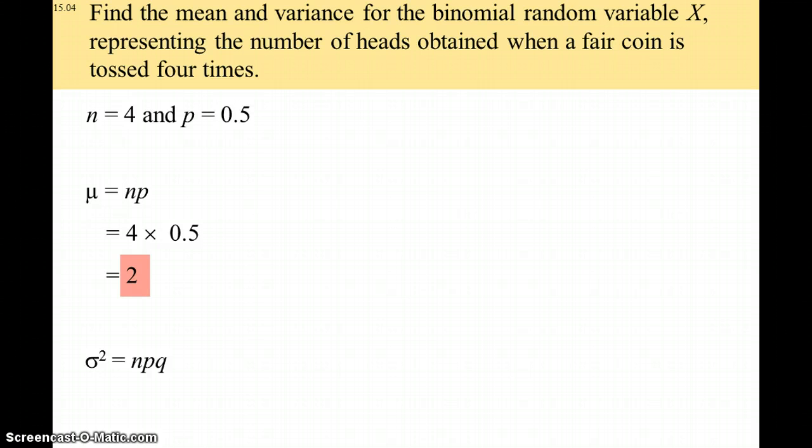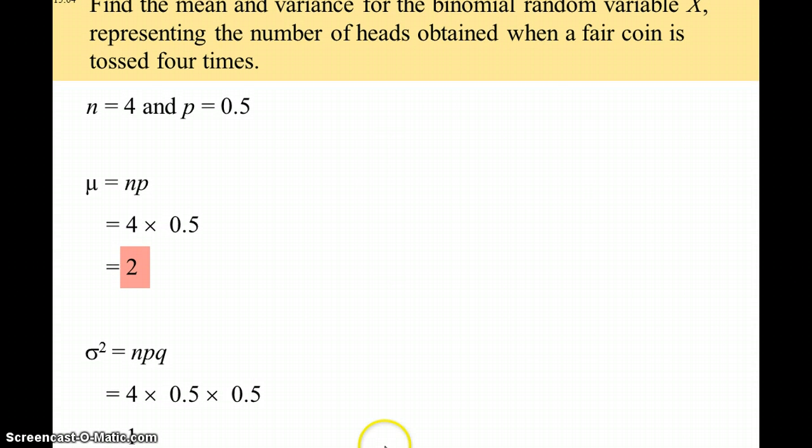How about I use a P there? Because then P is the probability, and Q is just 1 minus the probability. Okay, so filling out the numbers, you can see there the answer is 1 for the standard deviation.